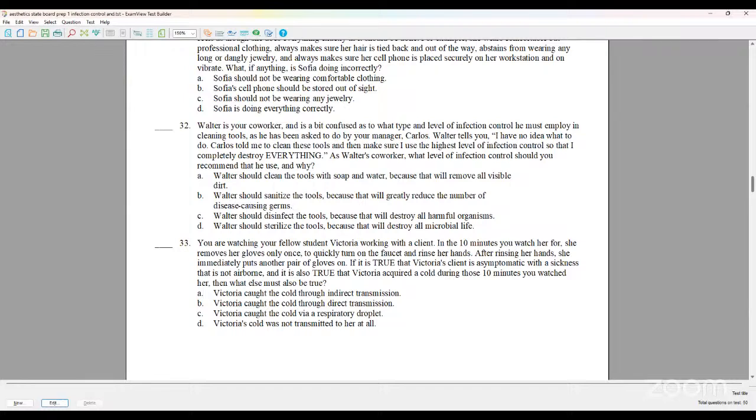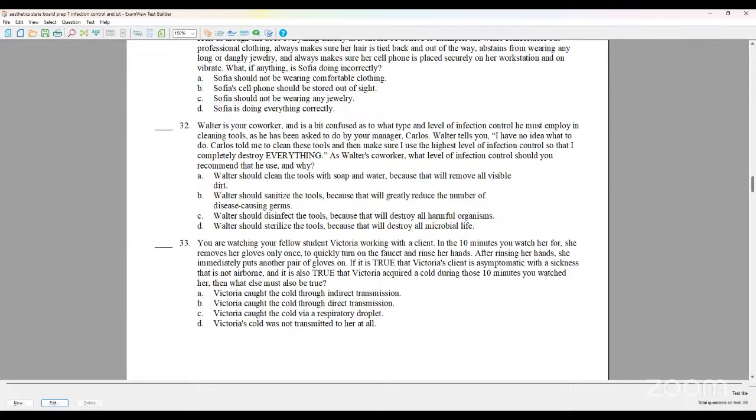Microbial, bacteria, microorganisms, germs, all of those are the same words. Okay, remember, he has to destroy everything. And then here at D, because it'll destroy all microbial life. Okay, that's bacteria, that's germs, all microorganisms.